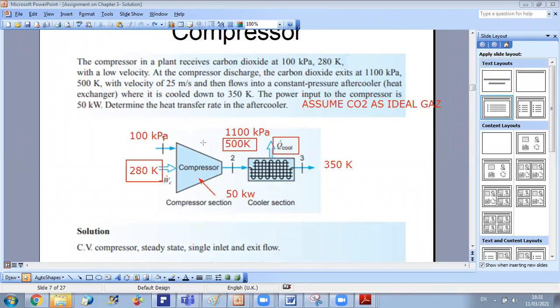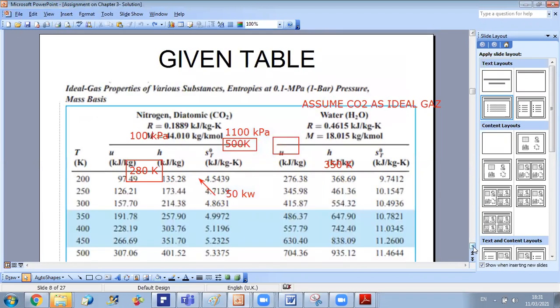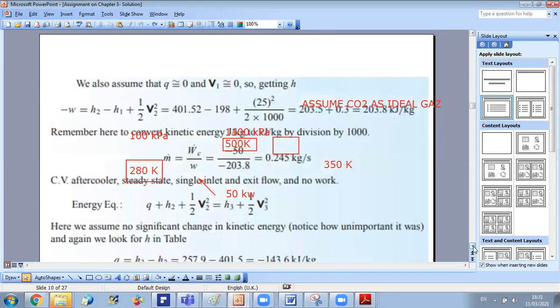No, Q. Okay, Q. Look, in general, when they don't mention anything, you can consider that the compressor is well insulated. So when they don't mention that we have a certain heat transfer, then you can consider that the heat transfer for a compressor is nearly zero. In general a compressor is well insulated, so unless they provide you with heat losses, you can consider that Q is zero.